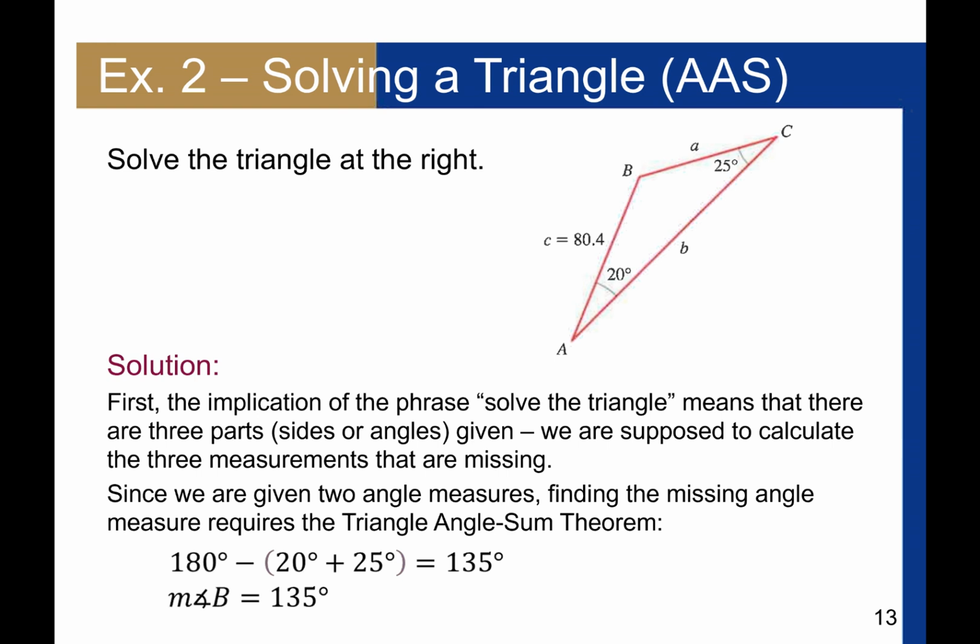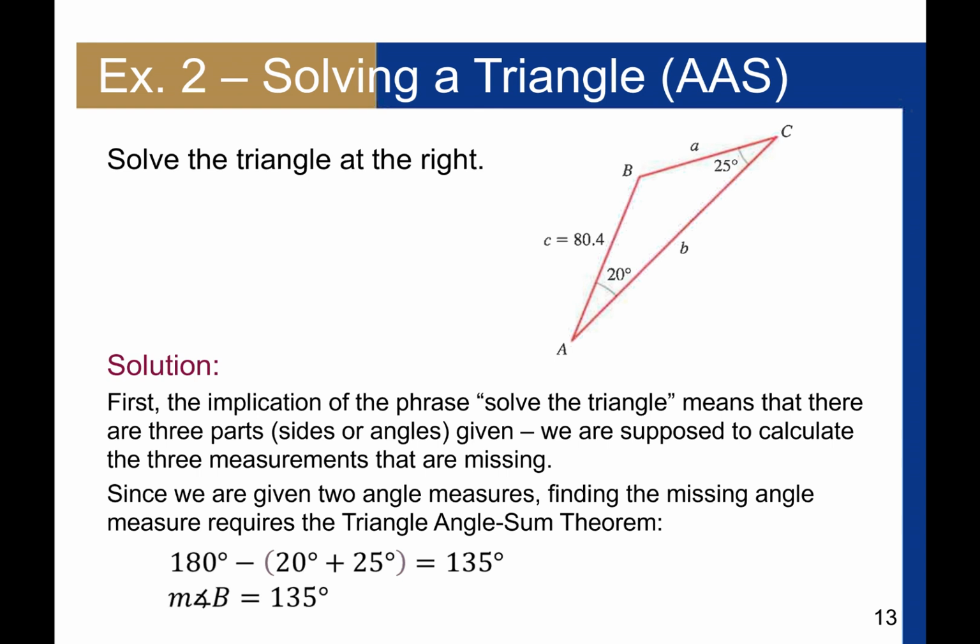Obviously, not a right triangle. Since angle B is the largest angle, side B has to be the longest side. They've given us one side length there. Side C is 80.4. And that's really all we need.